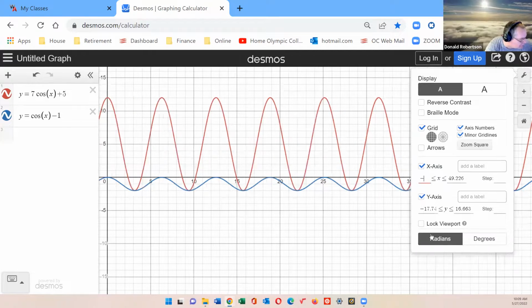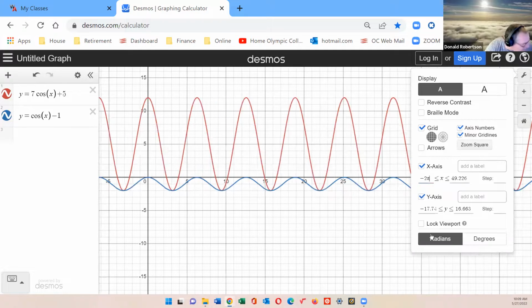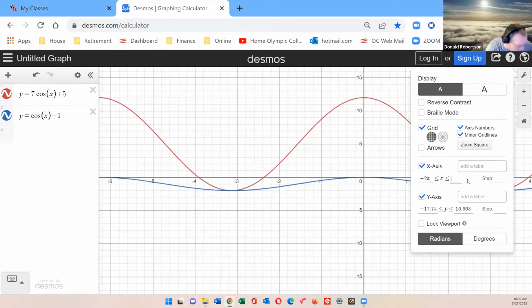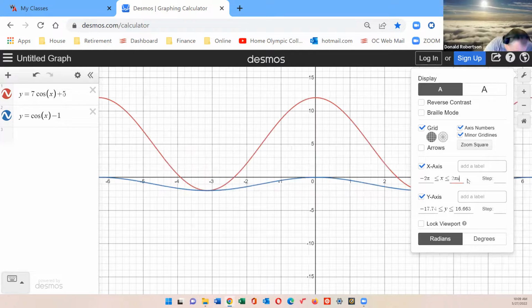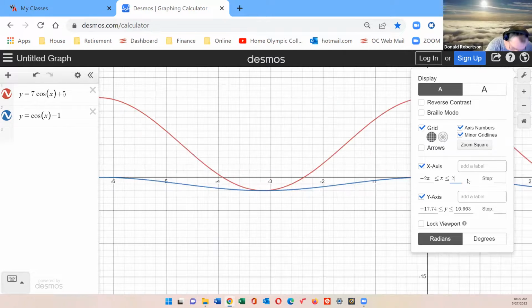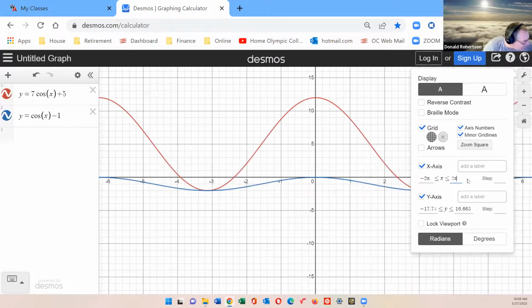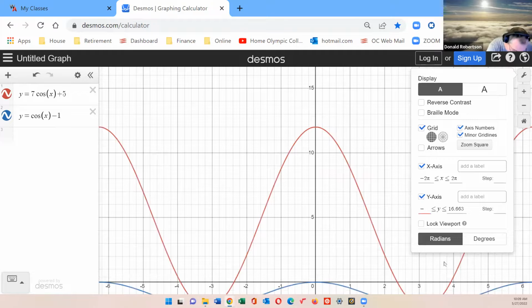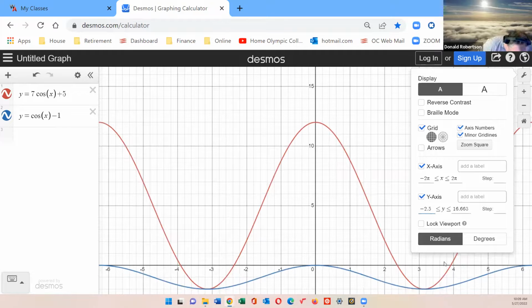So I'm going to do -2 pi to 2 pi, that was in the question. I'm also going to do the y values from -2.5 to 13.5.